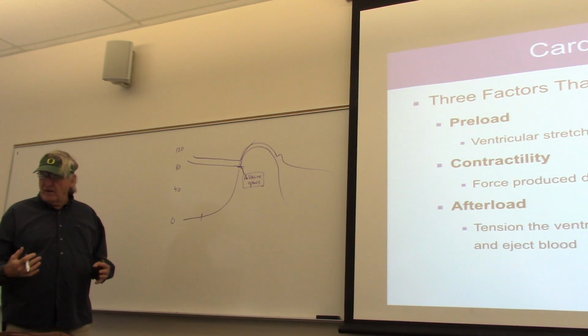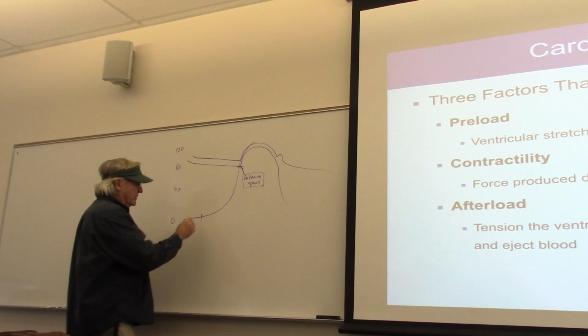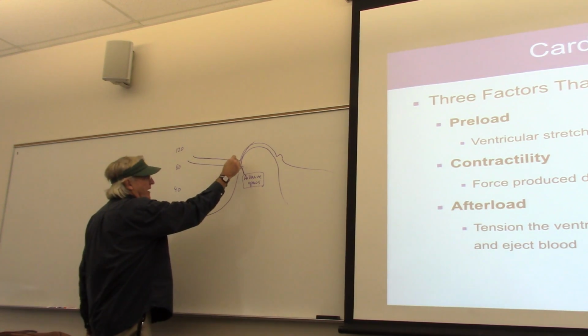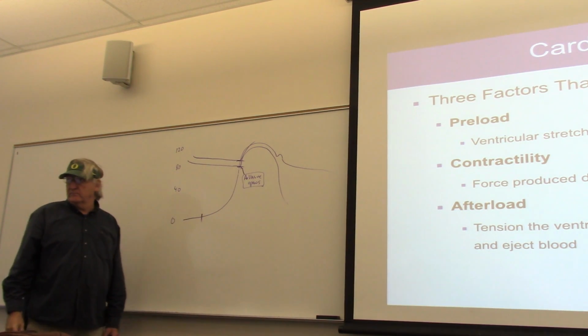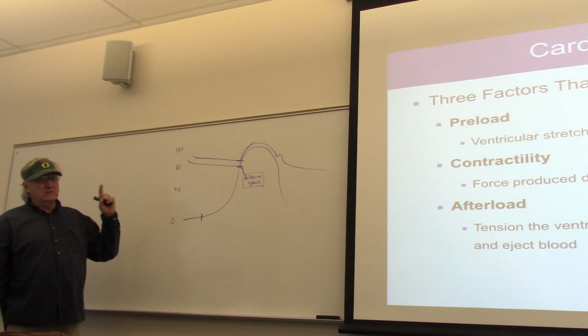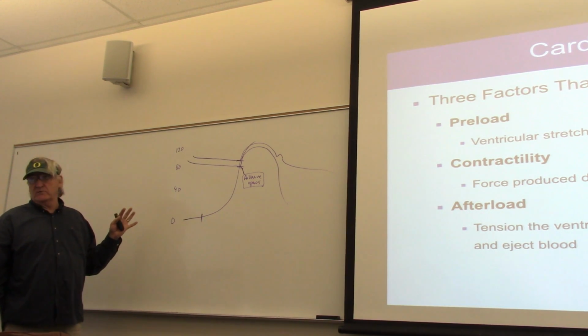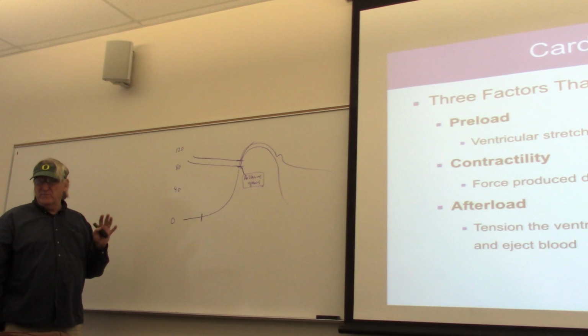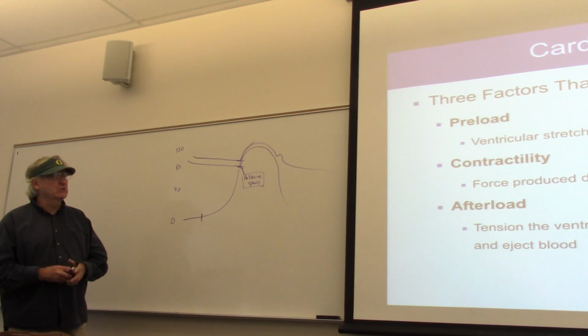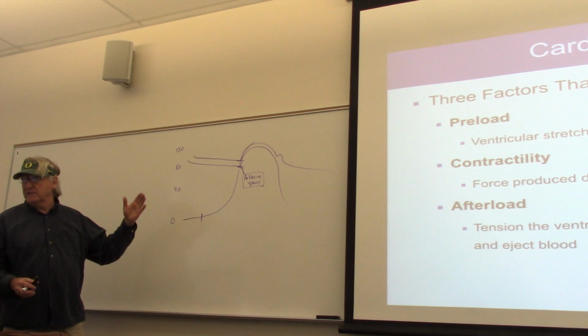But if you have high blood pressure, your heart now has to squeeze from here to there before it does any good for you, okay? And it's, you know, that may only be 20 millimeters of mercury, but think about it. It's 20 millimeters of mercury every heartbeat, 24/7, day and night. Your heart is working that much harder just to get the first drop of blood to leave your heart.